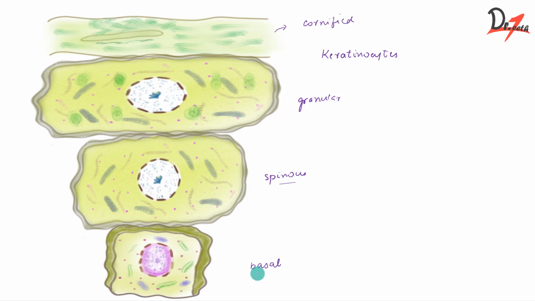The thing to keep in mind here is that all these names are derived from the appearance of these cells. This is called the basal cell because these cells are the closest to the basement membrane. And these are called the spinous. So let us suppose we have cells here. These are the spinous cells, attached to each other by desmosomes, right?